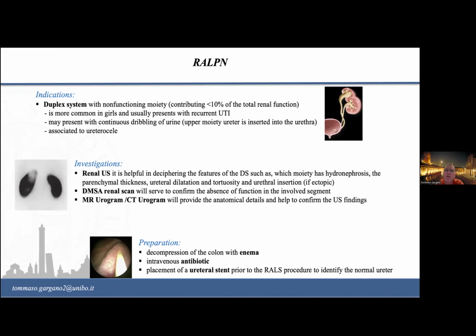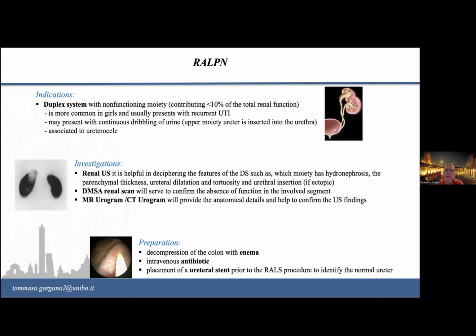The DMSA or DMTA renal scan confirms the silent function of the involuted segment, the involuted moiety. The MRI urogram and the CT urogram provide the anatomical detail and allow us to confirm the ultrasound findings.